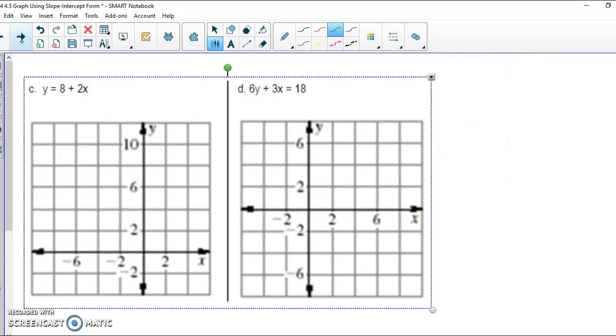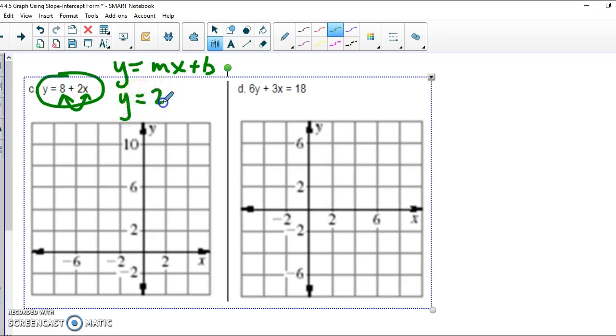If we look at 2 more examples like this, I notice in this equation that I don't have exactly slope-intercept form. So I want to rewrite this so that it's in y equals mx plus b form. So I just need to simply rearrange my terms here.